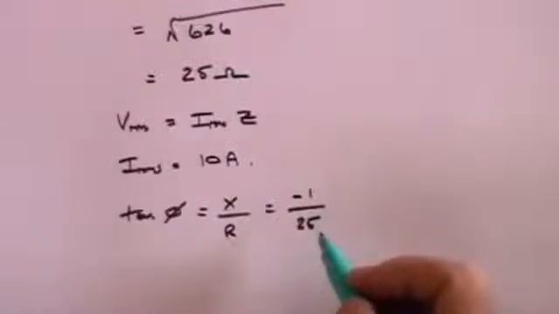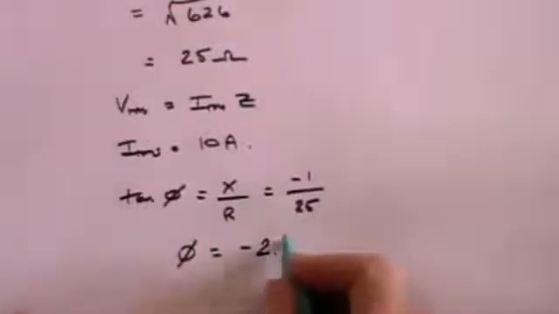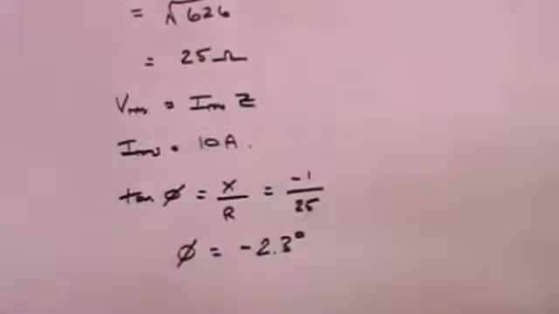It has a capacitive effect, and phi is minus 2.3 degrees. So it's a very small angle, so the current will barely lead the voltage at all, but only just. The current will be just ahead of the voltage in this particular circuit.